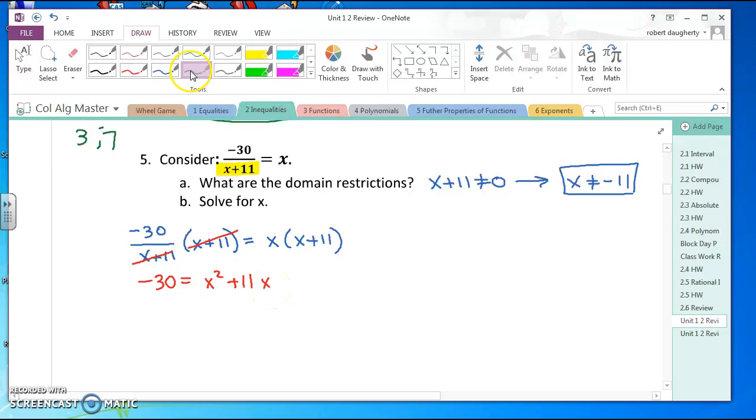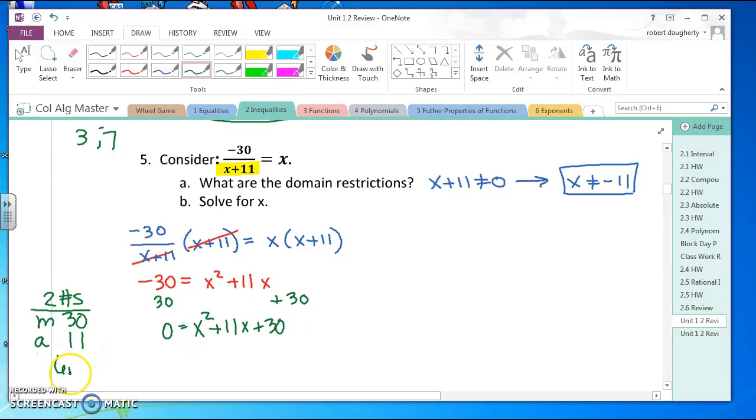If I add 30 to both sides, I get 0 is equal to x squared plus 11x plus 30. So you're going to have to keep this skill handy, how to factor trinomials. I need two numbers that multiply to give me 30 and add to give me 11.